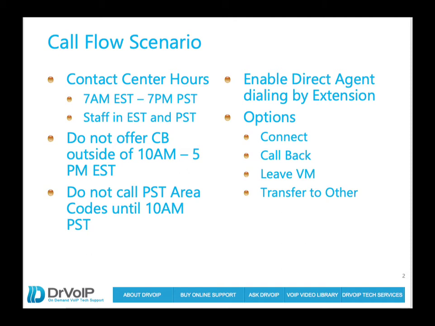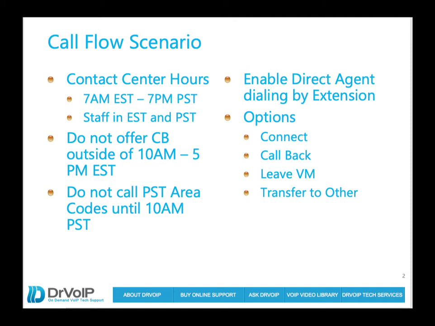Now, that itself is not necessarily bad, but what happens if the number that the callback request came from is in Palo Alto, California? Well, if it's 7 a.m. in Eastern Standard Time, that callback to that person in California is going to be made at 4 a.m. in the morning. So we need to have a way to control when the callbacks take place.